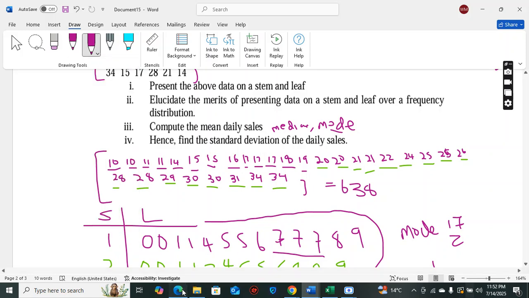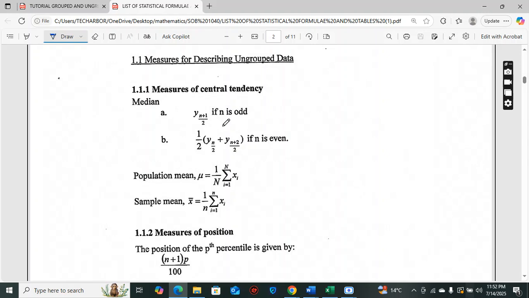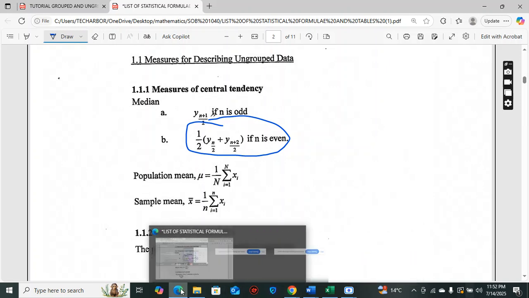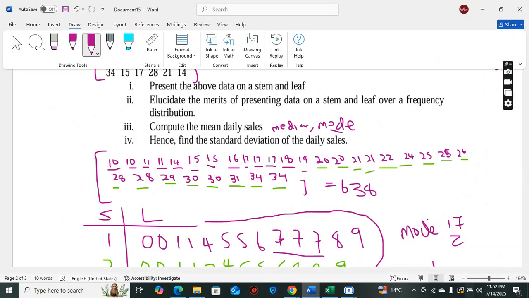Since there are 30 numbers, you use this formula here. Let's see who gets it faster. Someone use the normal way, I'll use the formula.